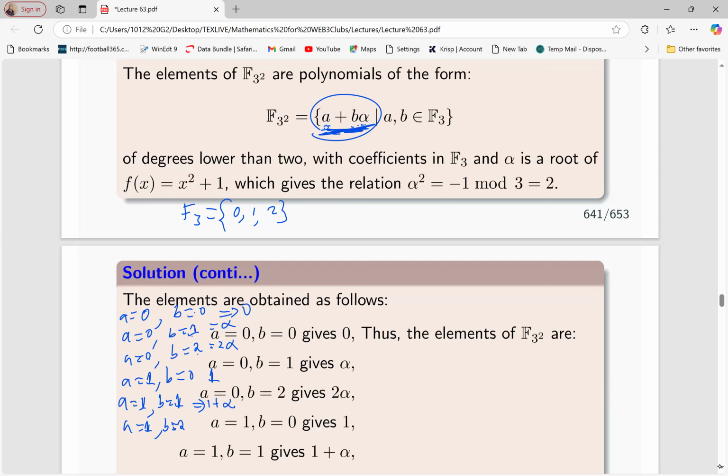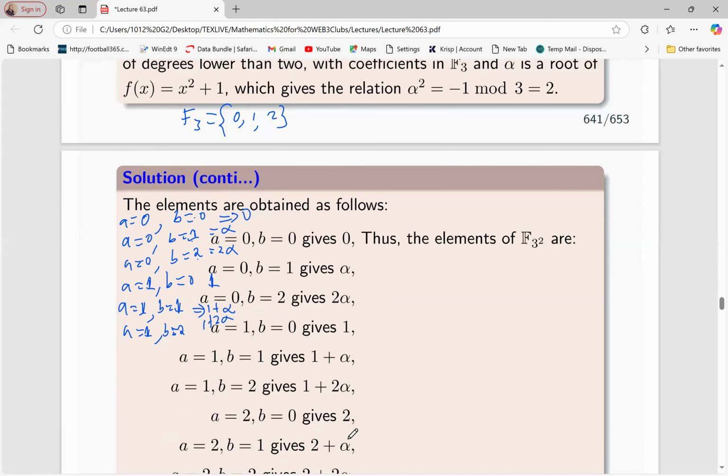That's another scenario, and if that happens, we have 1 plus 2 alpha. So we have exhausted the possibilities if A is 1. A can also be 2 with B being 0, 1, or 2. Again, you find the other possibilities.